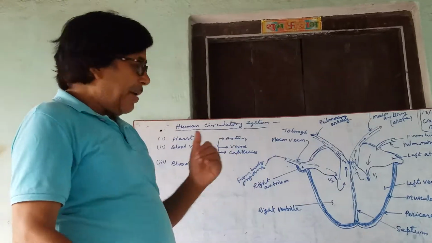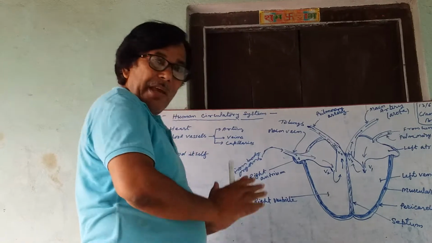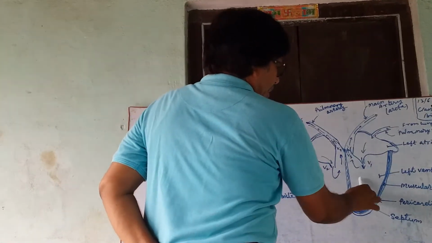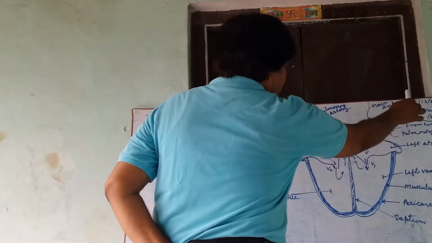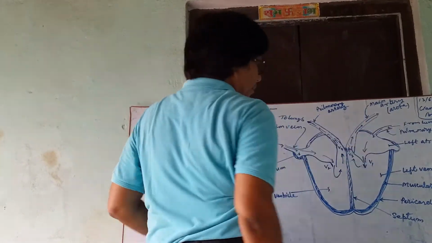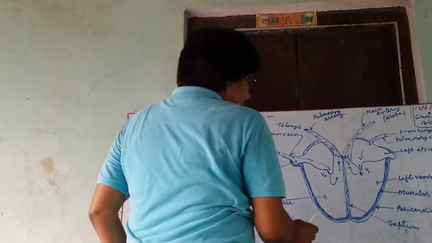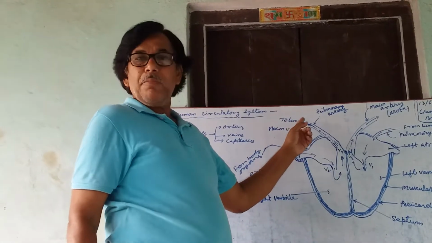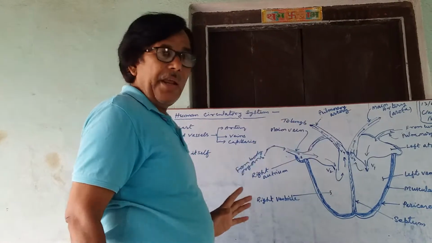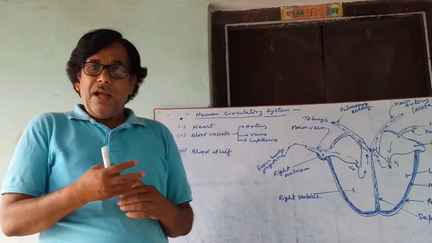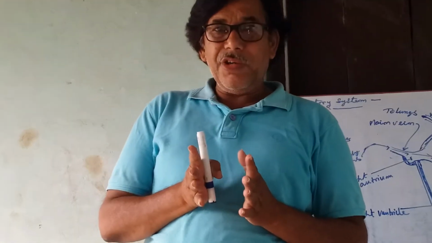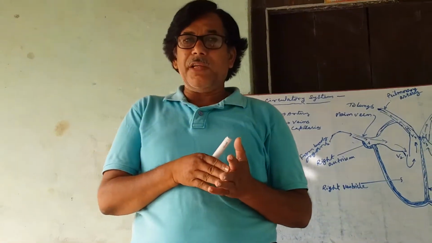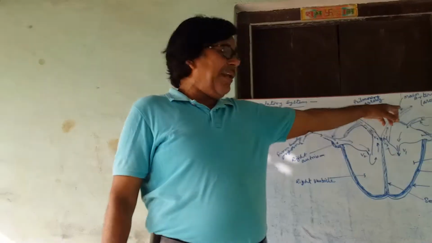This happens continuously, and again when it contracts, blood goes from the left ventricle to the body cells through the main artery, and to the lungs by the pulmonary artery.